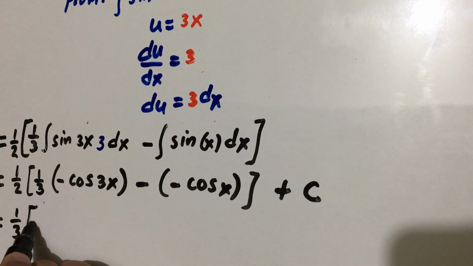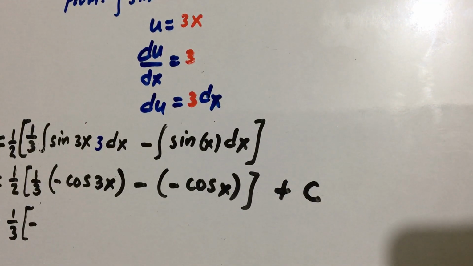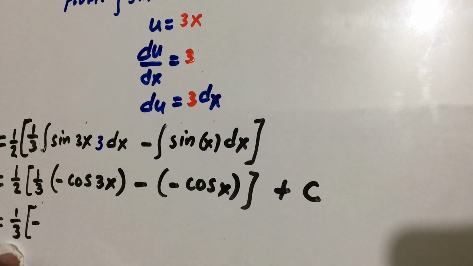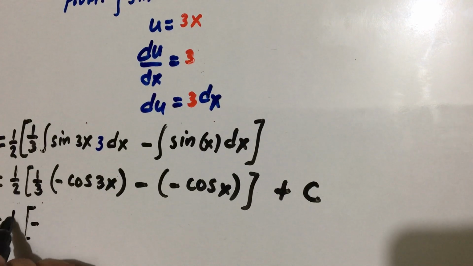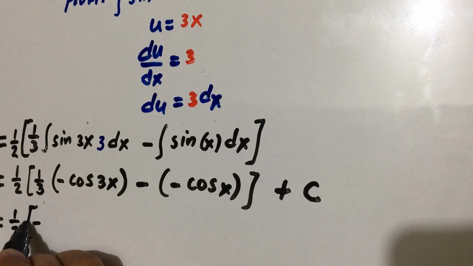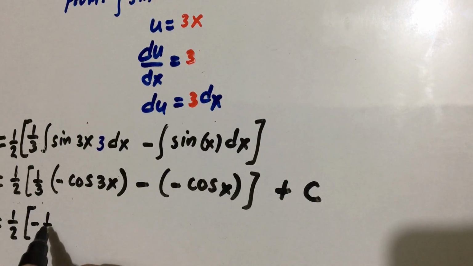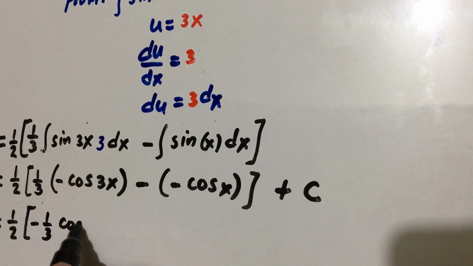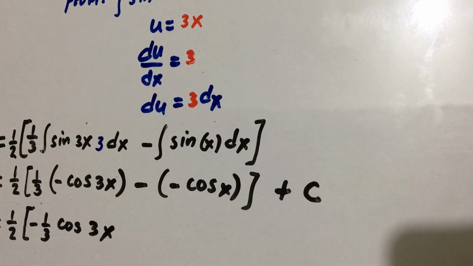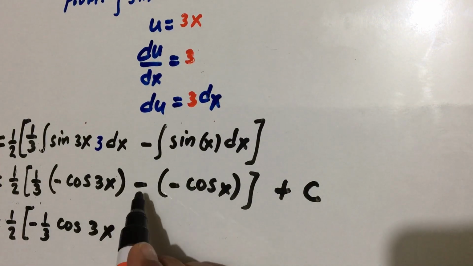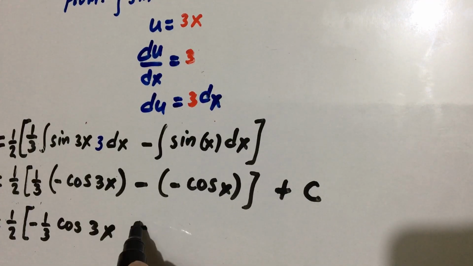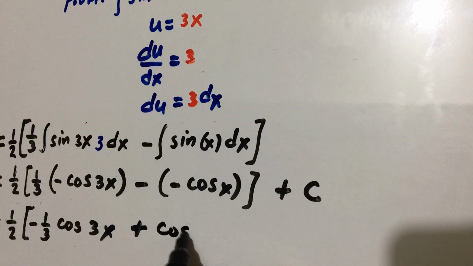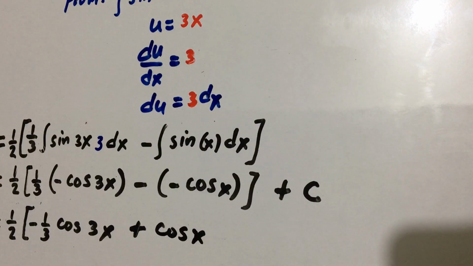Sorry, this is 1/2, then multiplied by negative 1/3 cosine 3x, then minus minus, so that becomes plus cosine x.